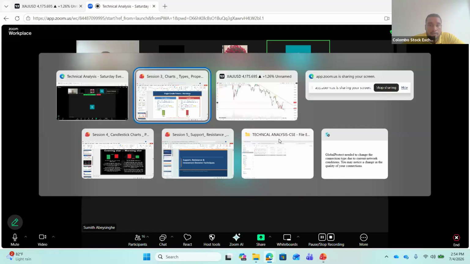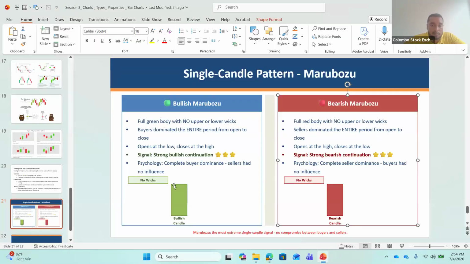Right. Two different things. Look at the green candle here. What it basically means is the price closed at the highest point during that particular time. That means there is no selling pressure at all, because the candle didn't go down even a bit.